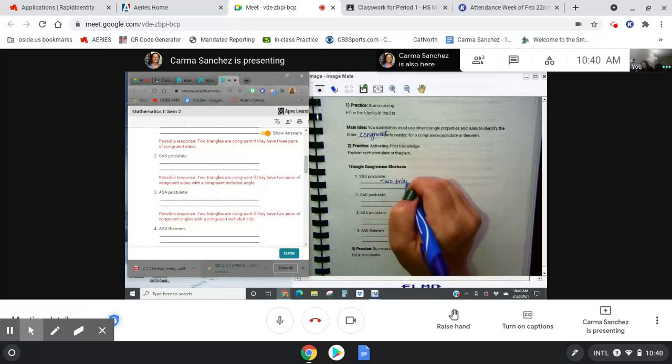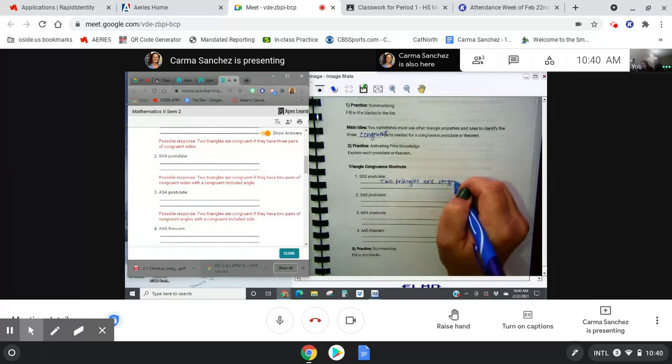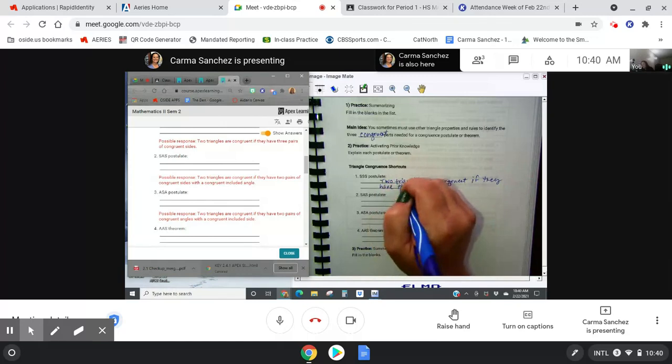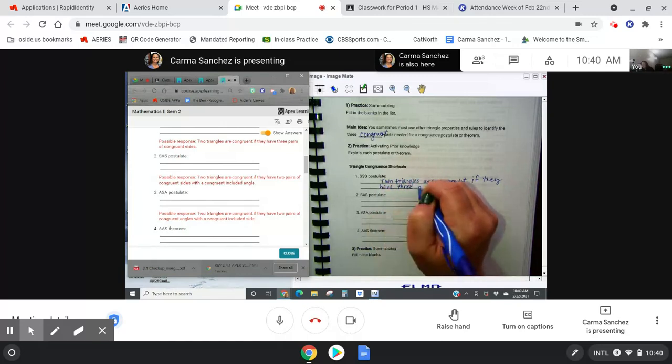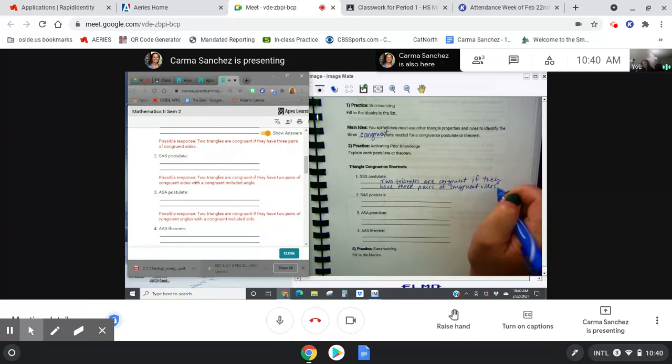Shortcut number 1 is that 2 triangles are congruent if they have 3 pairs of congruent sides. Okay.